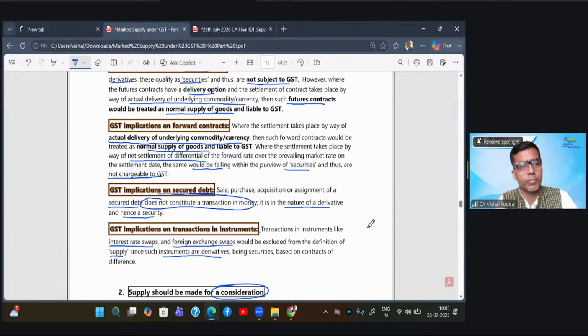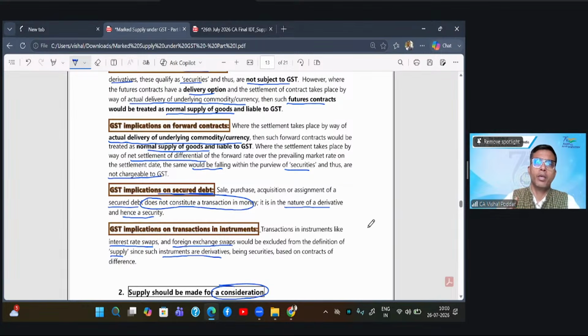Okay, fine. The next one, you said about distinct person. Sir, even though they are providing free services and all, ITC would be availed by the main person, right? Correct, ITC is available. See, we are still on the side of the supply.